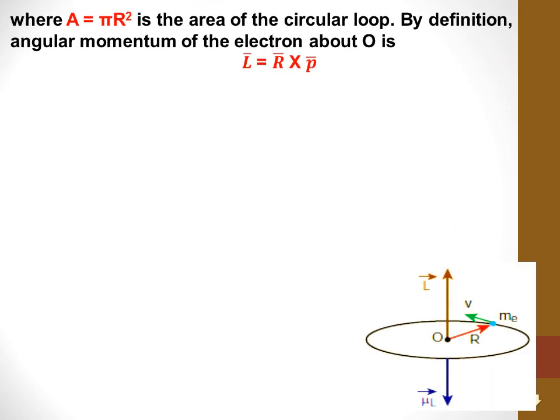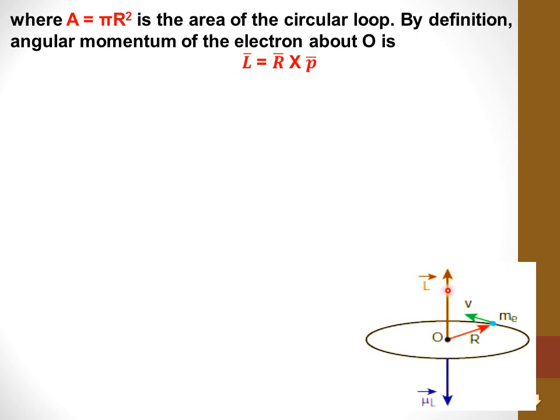See what I explained. The electron is revolving here, you can see the electron, in a circular orbit. Actually, the direction of the magnetic dipole moment vector, this one, and the orbital angular momentum, this one, are opposite to each other.